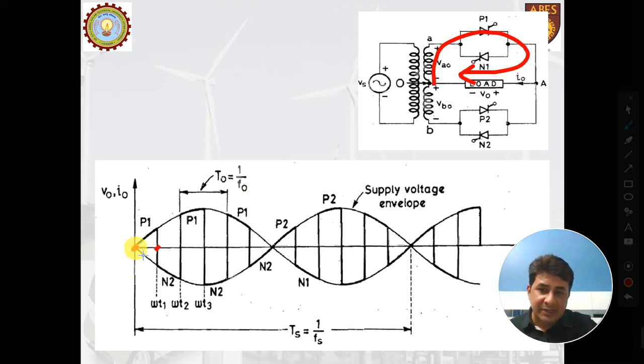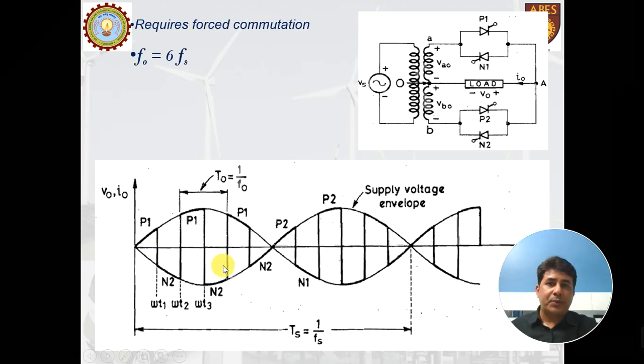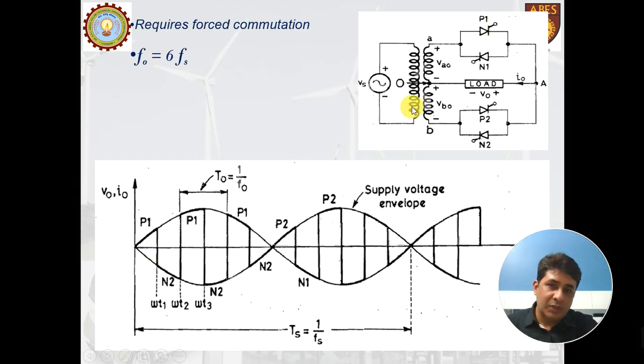So P1 is triggered here. As soon as P1 is triggered, the current will establish. We will allow this current to flow until this point. At this point, we will forcefully stop thyristor P1 from conduction. N2 is also forward biased, but we did not give any pulse to N2. So at this very point, we will give a firing pulse to N2.